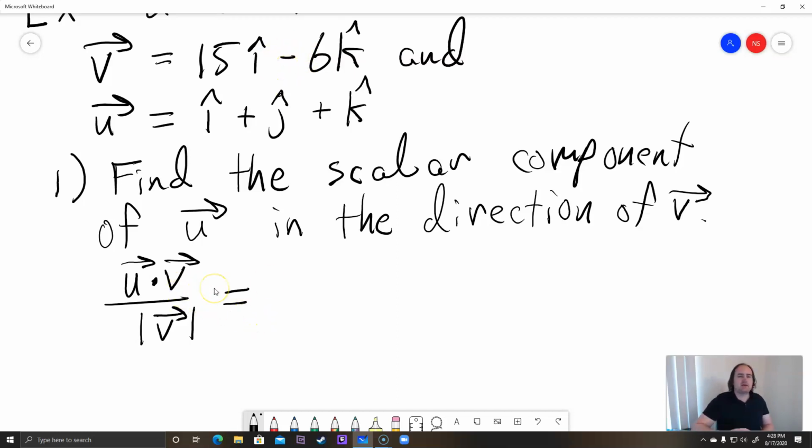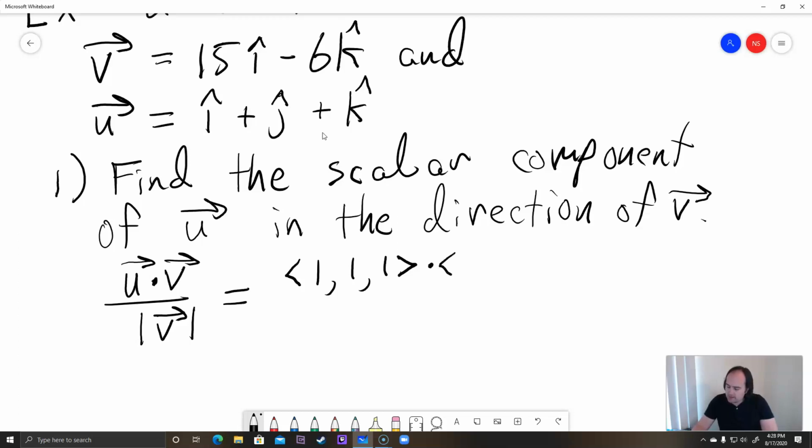So u dot v is going to be, I'll go ahead and write them out. u is going to be 1, 1, 1, written as a position vector. Why is it 1, 1, 1? Because we have an i, a positive j, and a positive k. If they don't write the coefficient, it's automatically a 1. So it's 1, 1, 1 dot v.